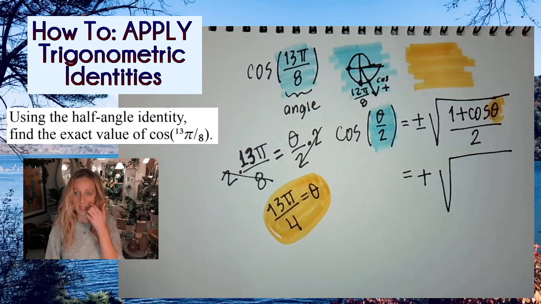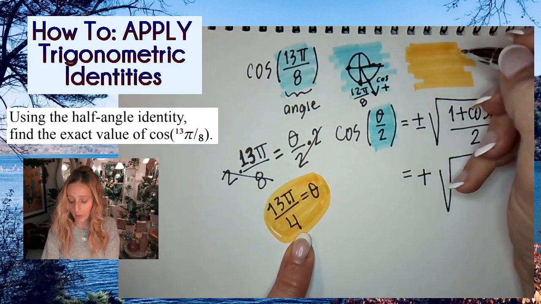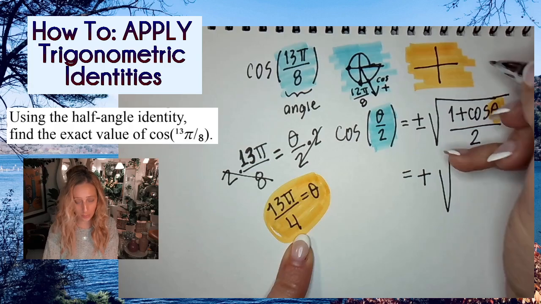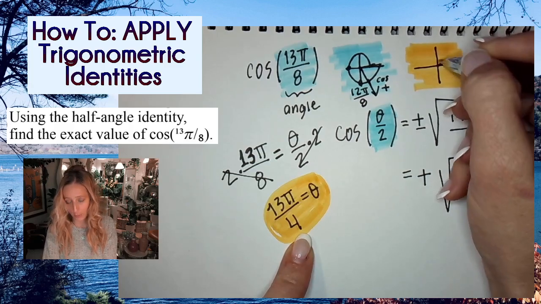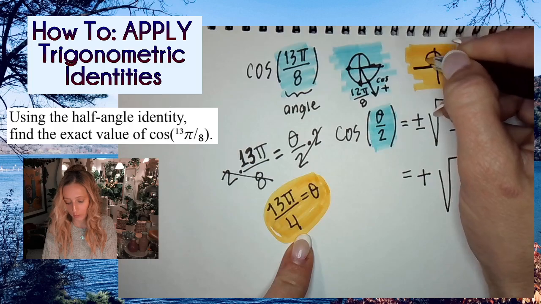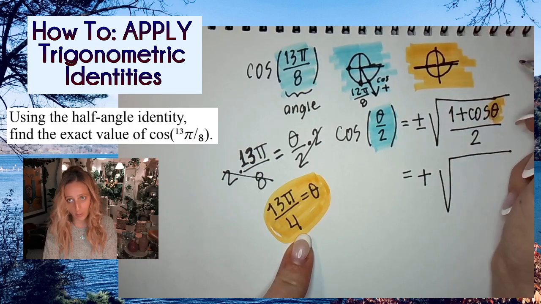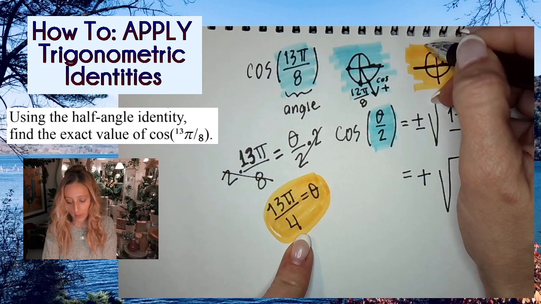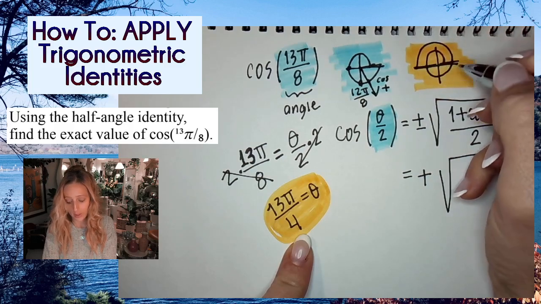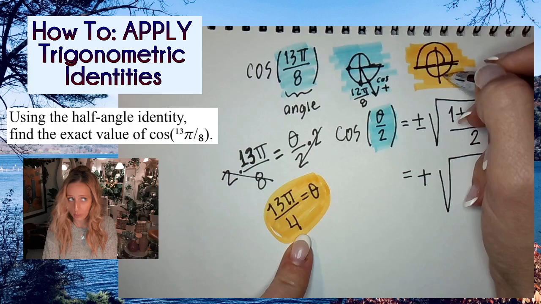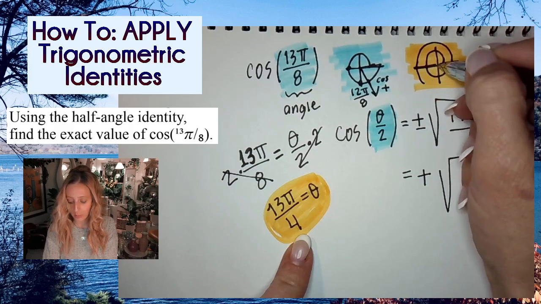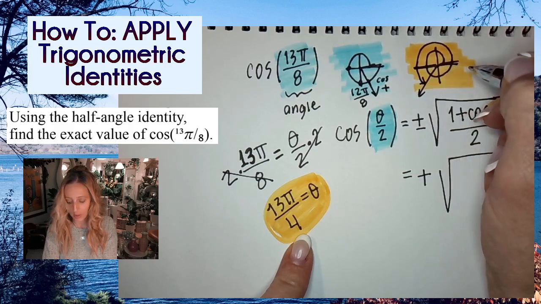Now, inside of the problem, I need to find the cosine of theta. We established that theta is 13 pi over 4. Well, where is 13 pi over 4? That's 0 pi over 4. That's 4 pi over 4, 8 pi over 4, right? Another 4 will get me 12 pi over 4. 1 pi over 4, you should know, is 45 degrees, so that gets me right in the middle of that quadrant.